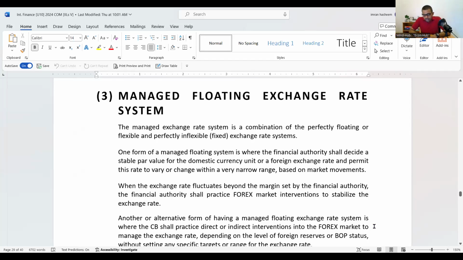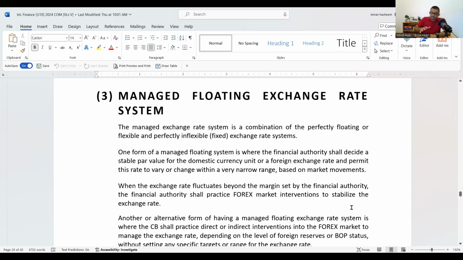And whenever necessary, when the exchange rate is trying to pressure itself out of that range, the upper limit and the lower limit, the central bank will practice intervention. They will basically buy and sell foreign currency and manipulate the exchange rate a bit. That is called a managed floating exchange rate system.